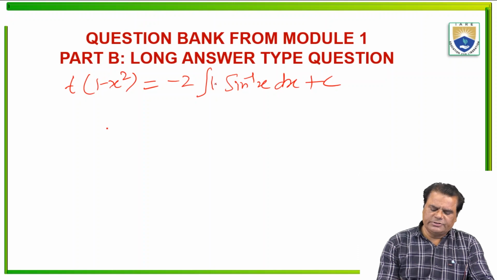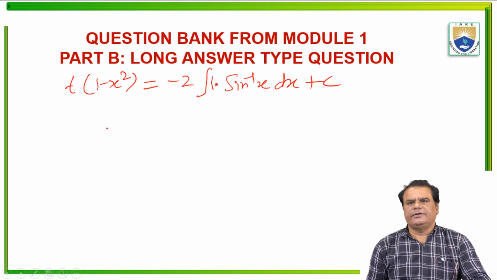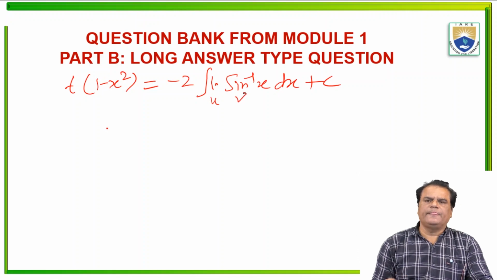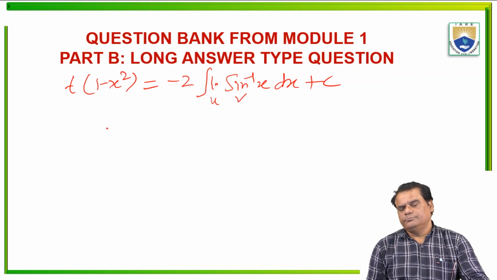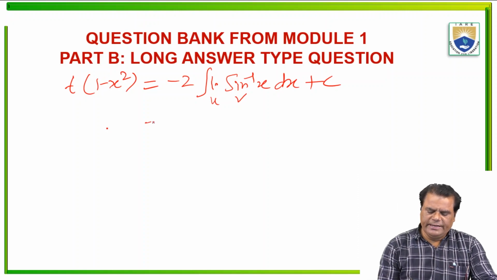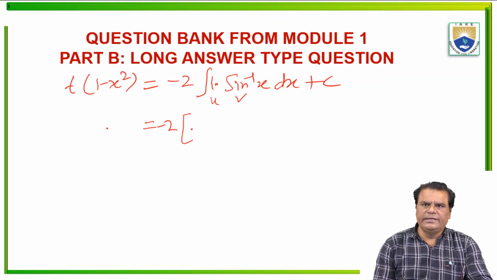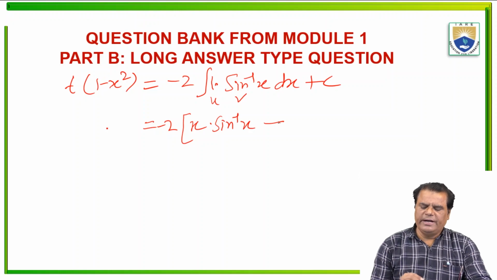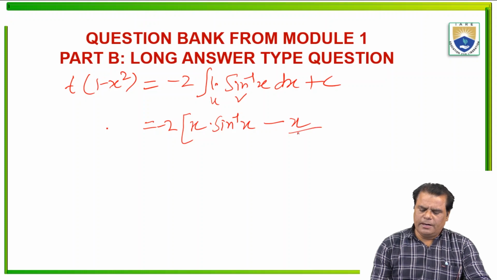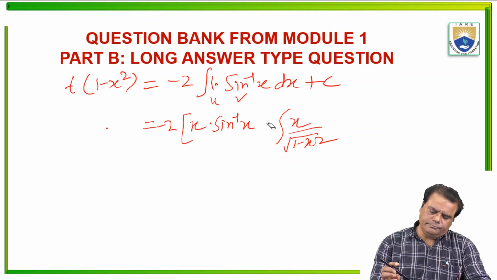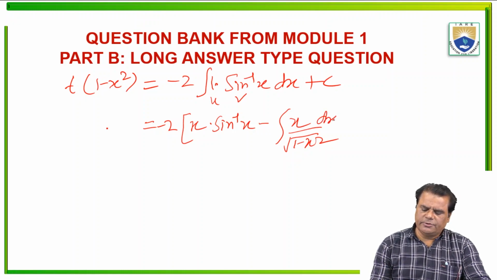Here considering the function 1, we write one function and apply the uv formula, integration by parts. So we write minus 2 in bracket: integral of 1, which is x, and this is constant sine inverse x, minus integration of x times the differential of this function, 1 upon under root 1 minus x square, and whole integration dx plus c.